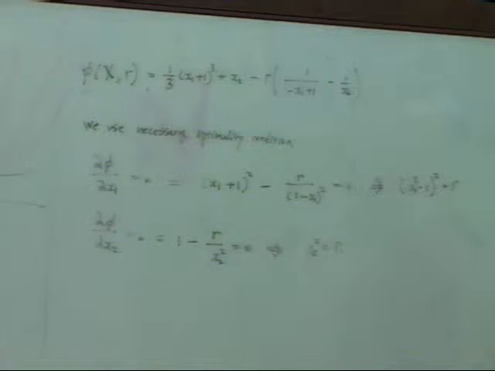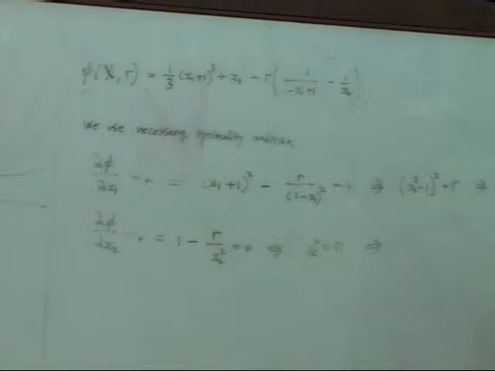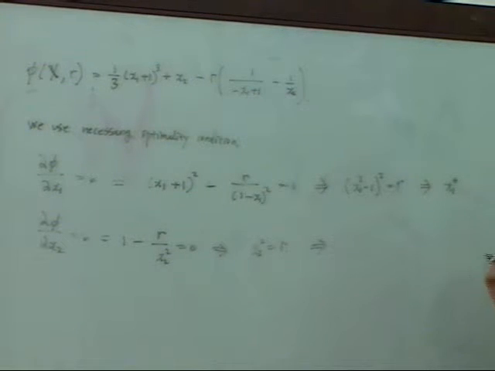Okay? And from this condition, we can rewrite this equation in terms of R. So, x1 star is the x1 value of the local minimum, and it is a function of R. Okay?